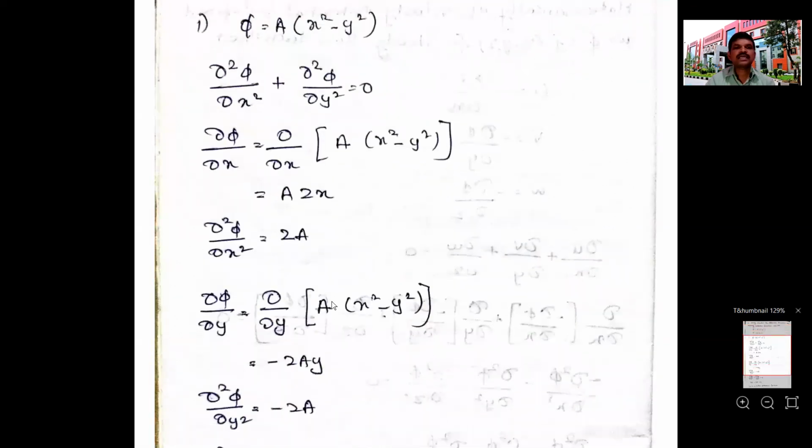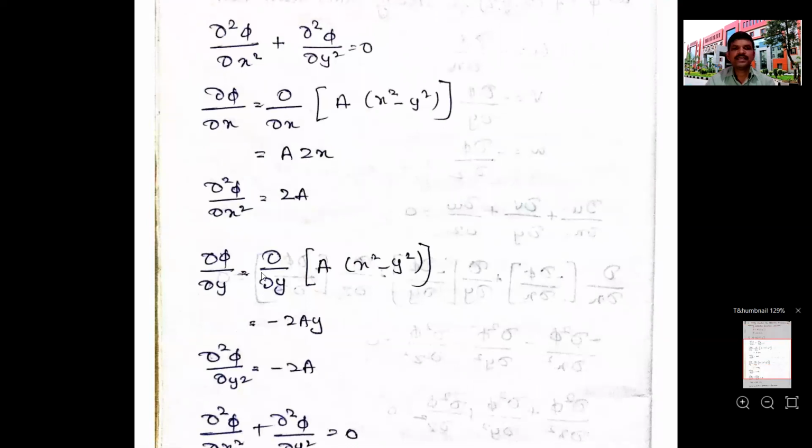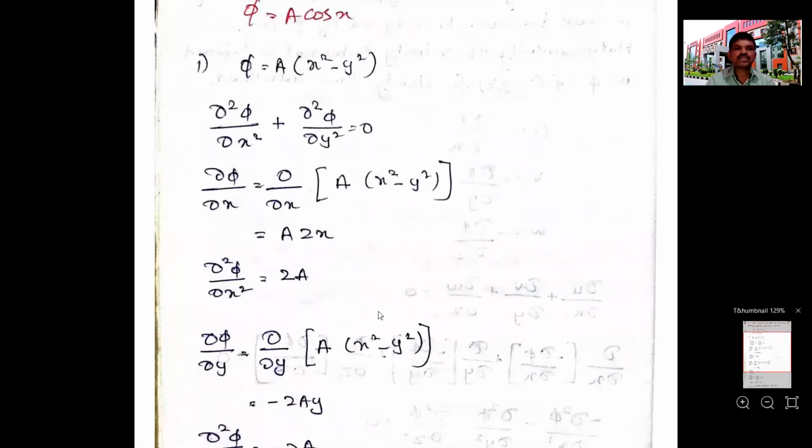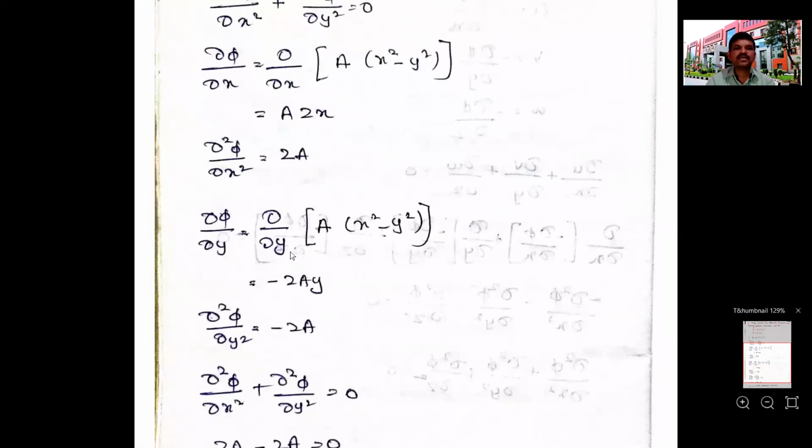Next come to the y term, del phi by del y. First time we have to do the partial differentiation of A into x squared minus y squared for the y term.